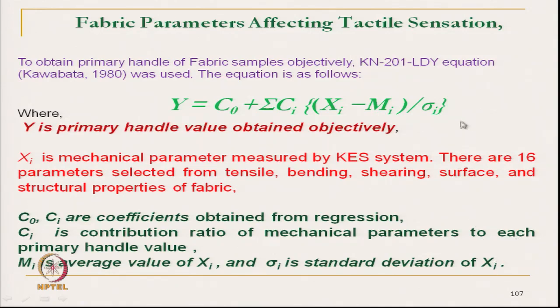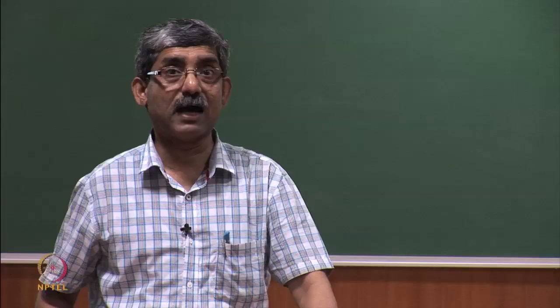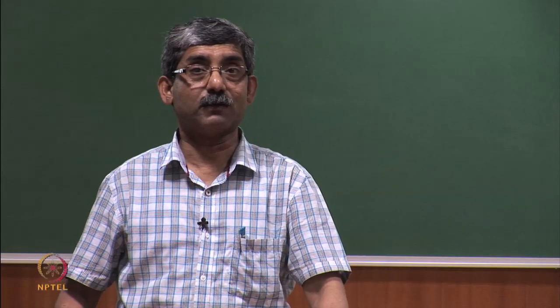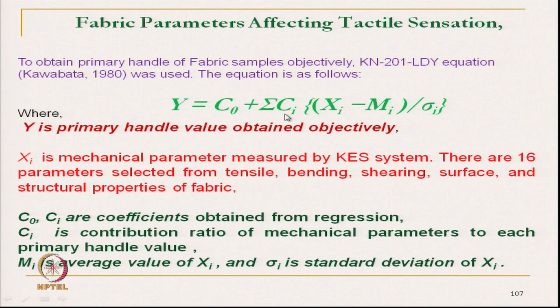All the parameters may not be significant for a particular handle response, the tactile response. So these parameters have different weightage in the equations, and the contribution ratio is different for each.